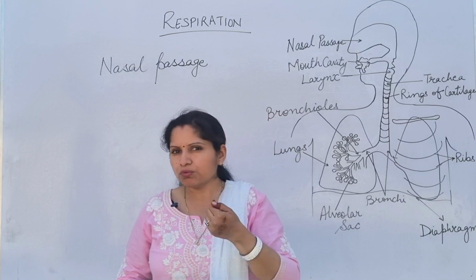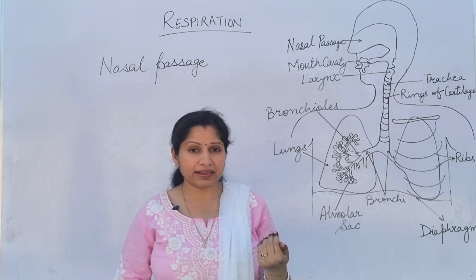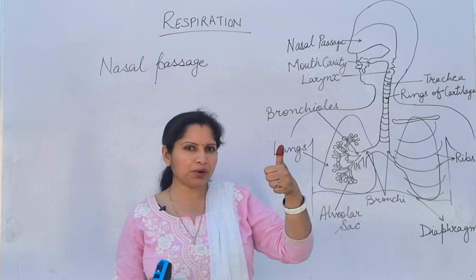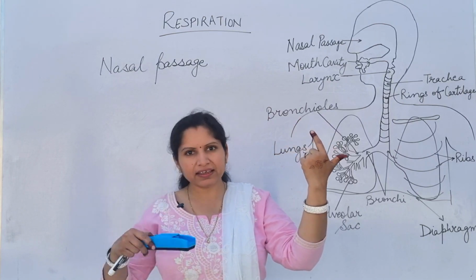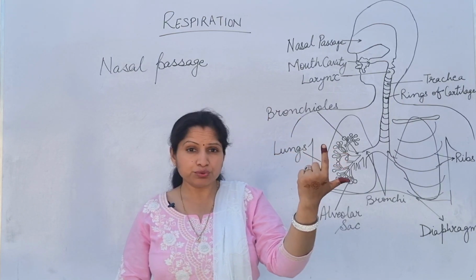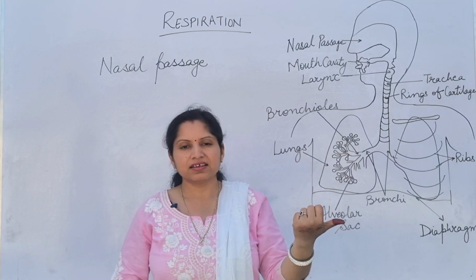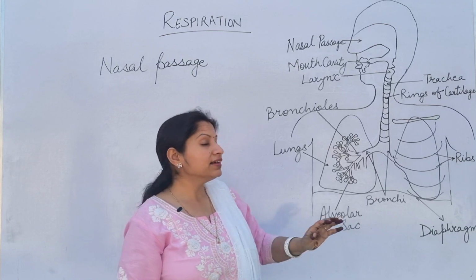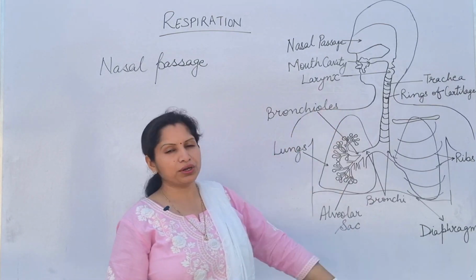Before the air enters the larynx, the pathway is the same for food that we eat as well as for the air that we inhale. But the food shouldn't enter the larynx and should go into the esophagus only. And only the air should go into the larynx.